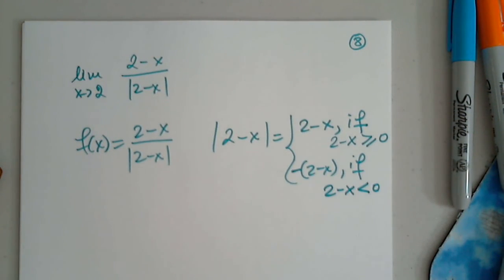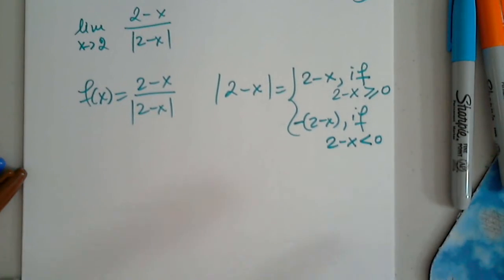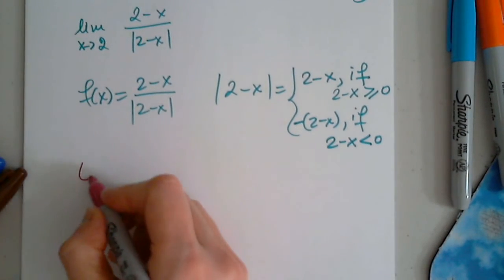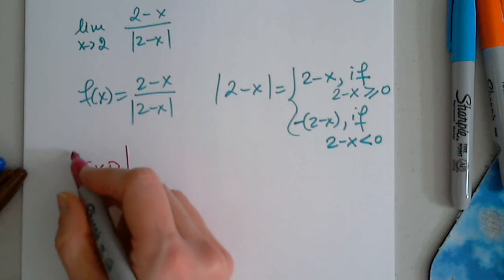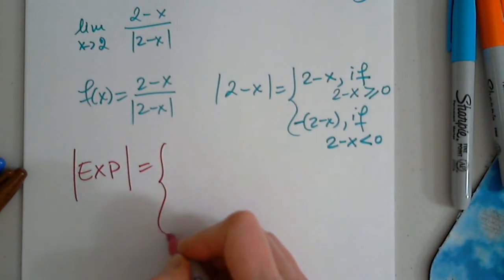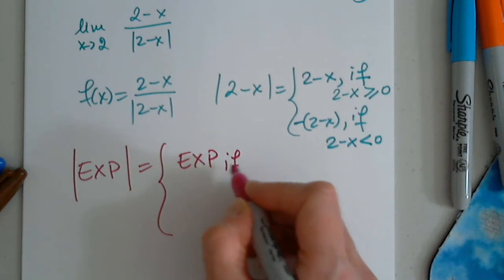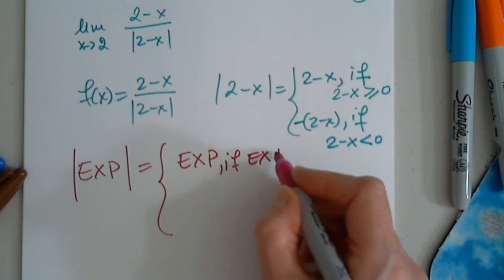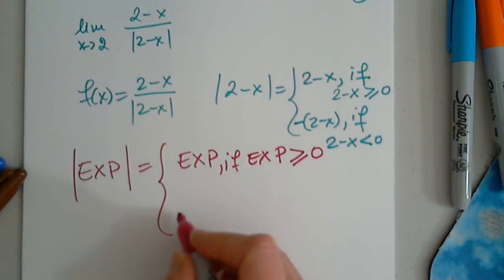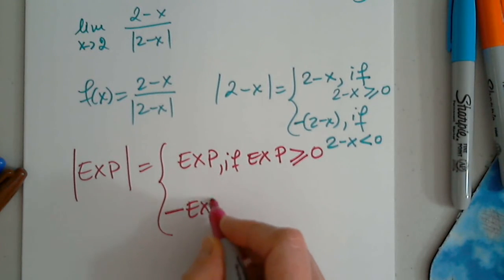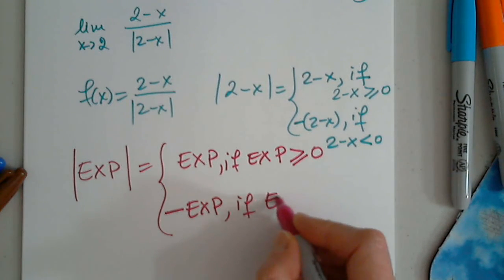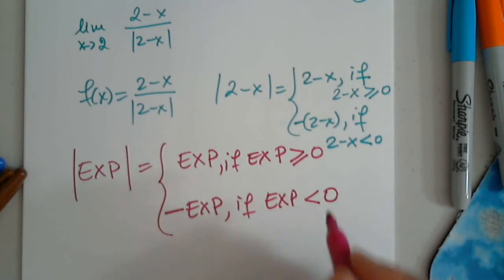So let's talk about this again. Any expression in absolute value simplifies into the expression if the expression is greater than or equal to 0, or the opposite of the expression if the expression is less than 0.